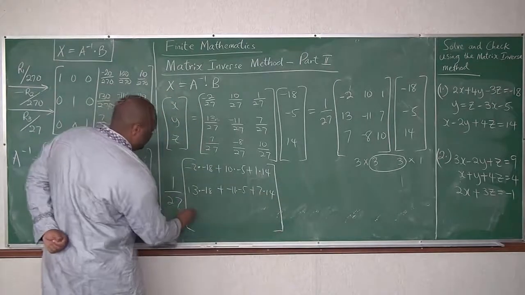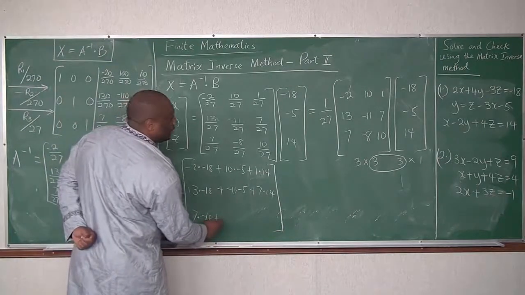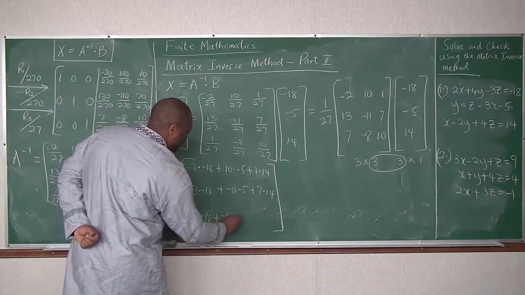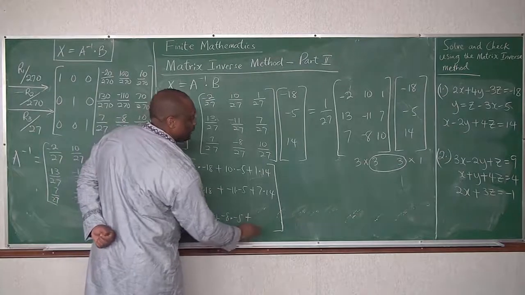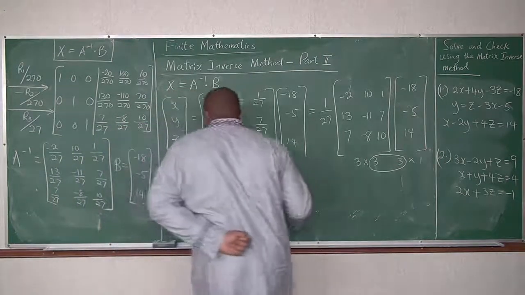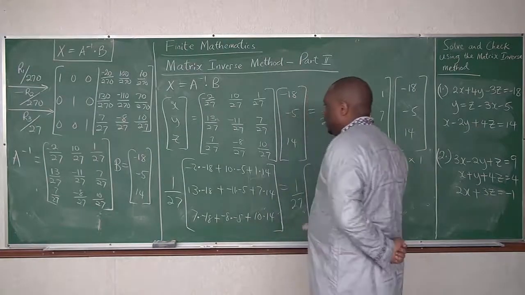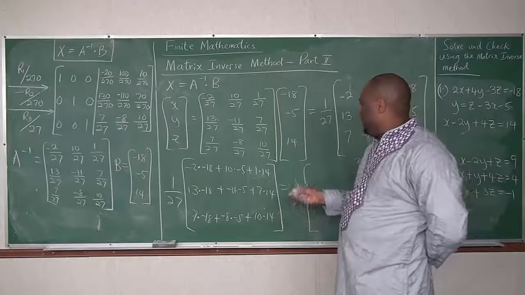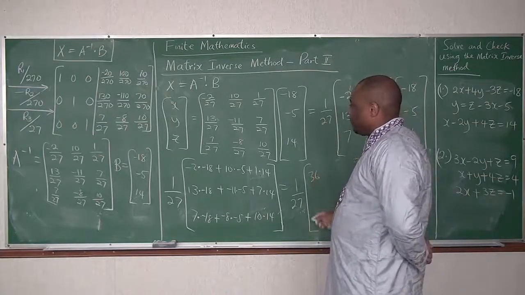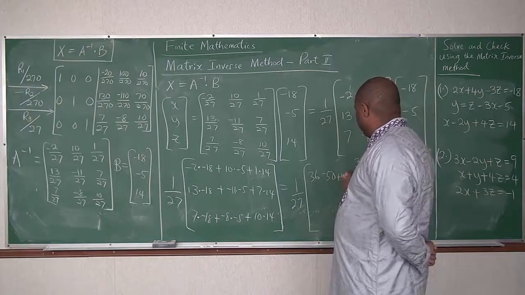Third row: 7 times negative 18 plus negative 8 times negative 5 plus 10 times 14. So this will be 1 over 27. Negative 2 times negative 18 is 36, minus 50 plus 14.